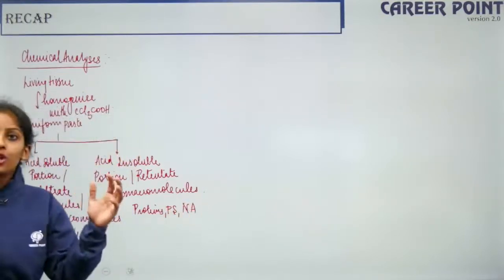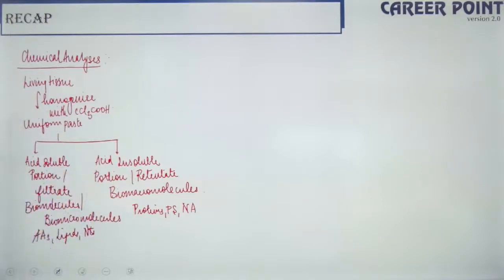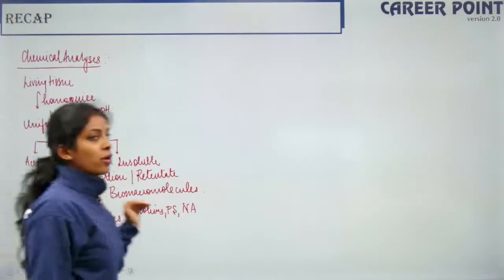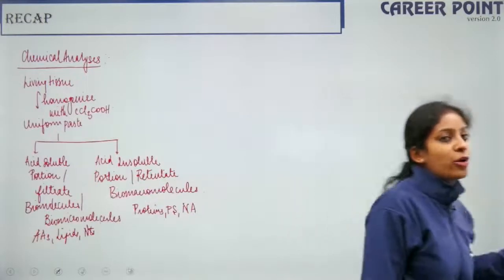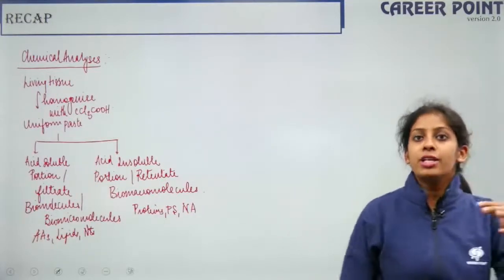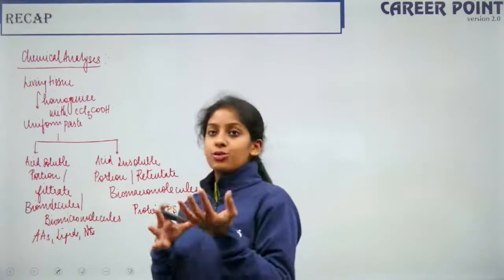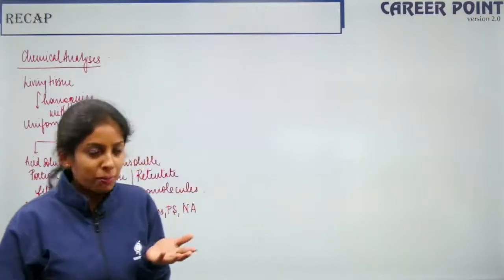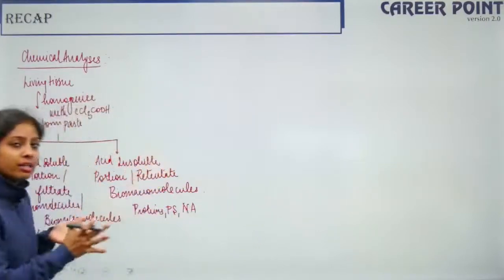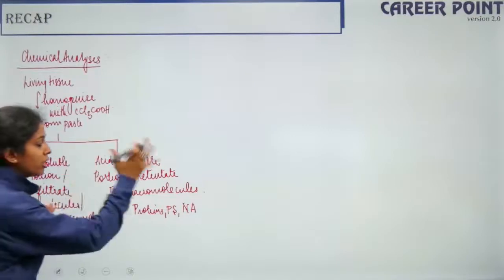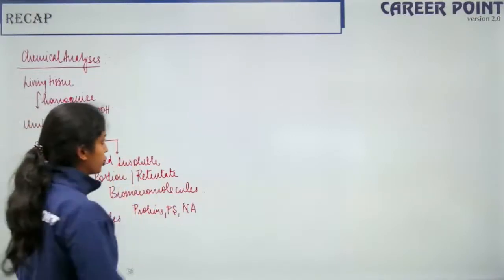I also told you about a small twist in the story: lipids, though they are biomolecules, come in the biomacromolecular fraction, because lipid is always conjugated, like in phospholipid or glycolipid. So it cannot instantly leave everything and come in this fraction. So your lipids are always obtained in this fraction.